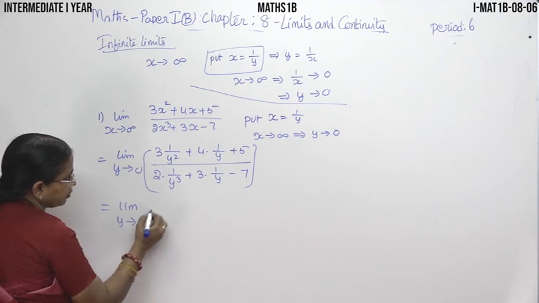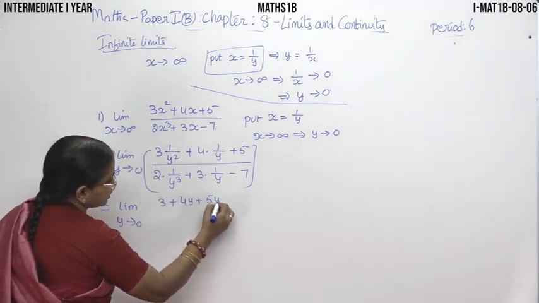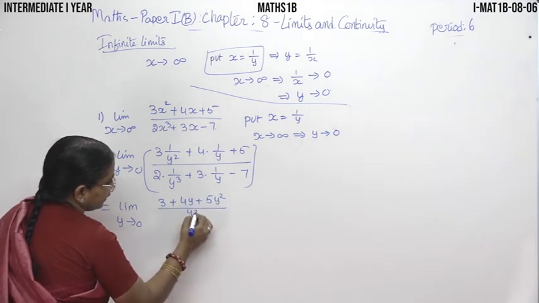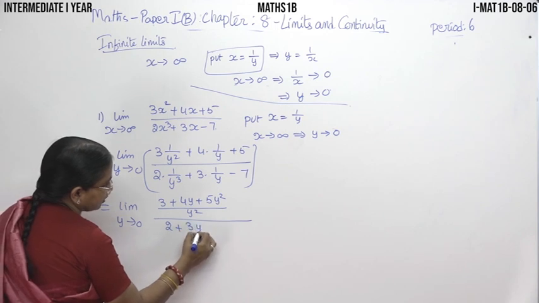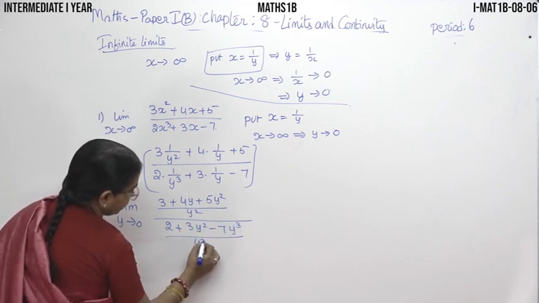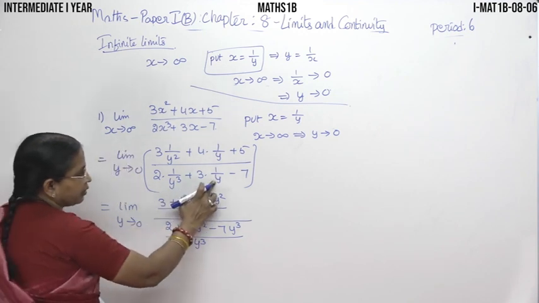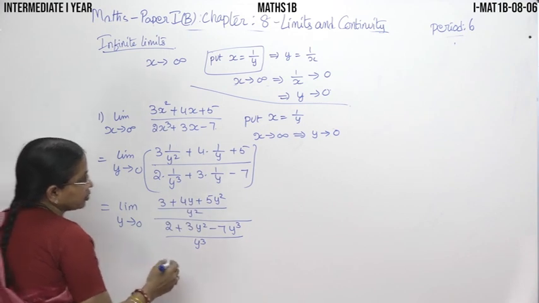Limit y tending to 0 of (3 plus 4y plus 5y square) by y square, by (2 plus 3y square minus 7y cube) by y cube. Here only y is there, so y cube. Now this y cube goes to the numerator.